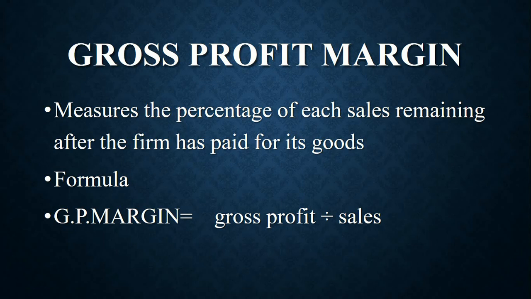Today, first we will discuss the gross profit margin ratio, which measures the percentage of each sale remaining after the firm has paid for its goods, and its formula for calculation is gross profit divided by sales.